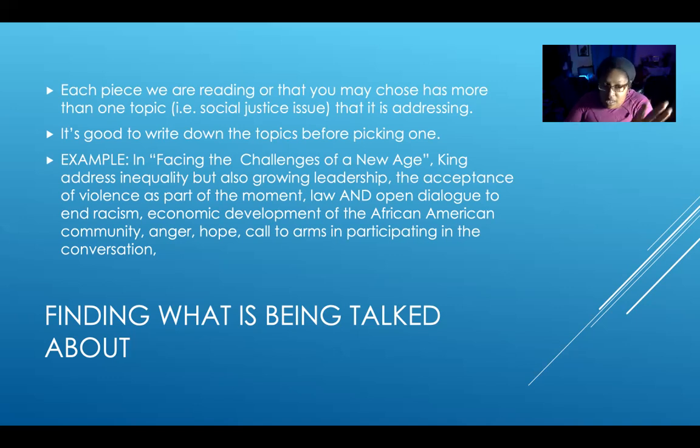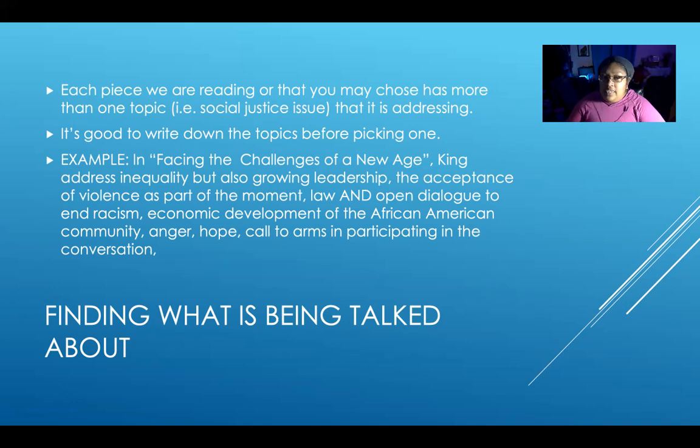You see all this listed here on this slide. All of these are topics that he touched on in that one essay. We haven't even talked about Eudora Welty and how many things she's touched in that short story, the very first thing that you guys read. So you see how there's topics here, and understanding topic helps you think about which pieces you want to talk about.